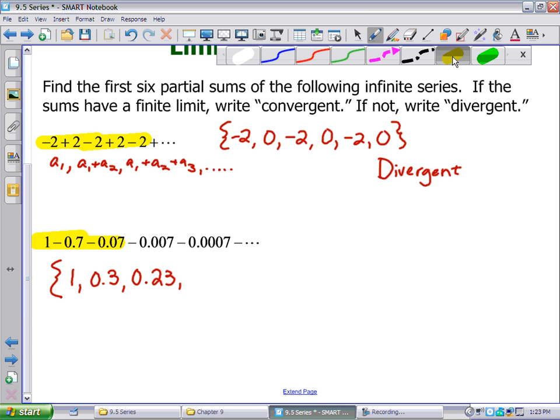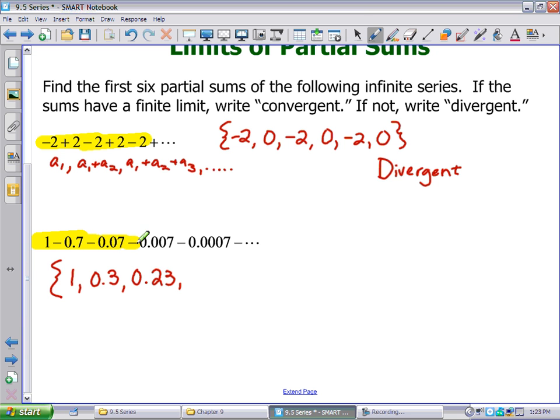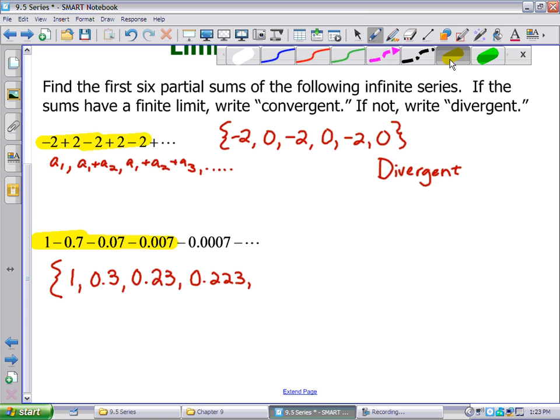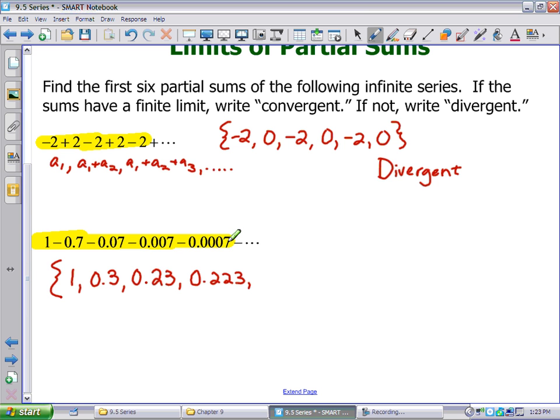Next, I'm going to have 1 plus negative 0.7 plus negative 0.07 plus negative 0.007. And I'm going to get a sum of 0.223. The next one, I'm going to add all of the terms that you see up here.